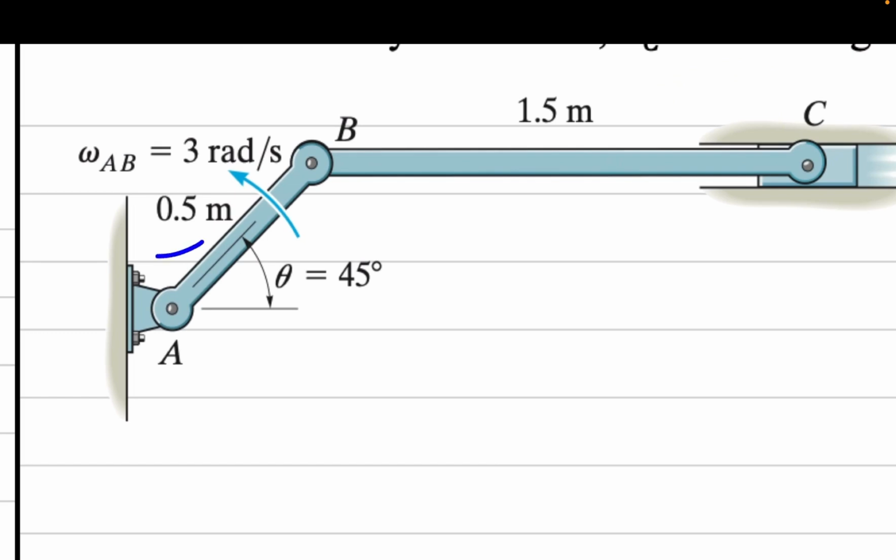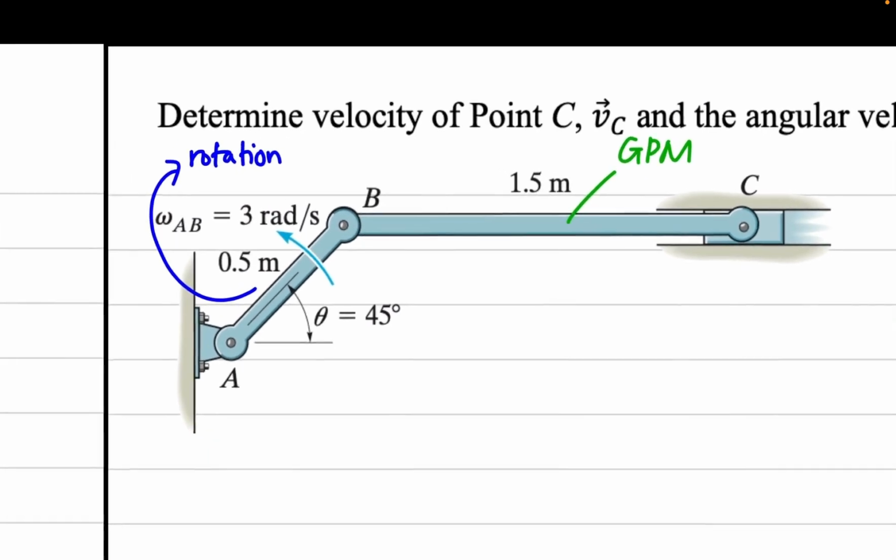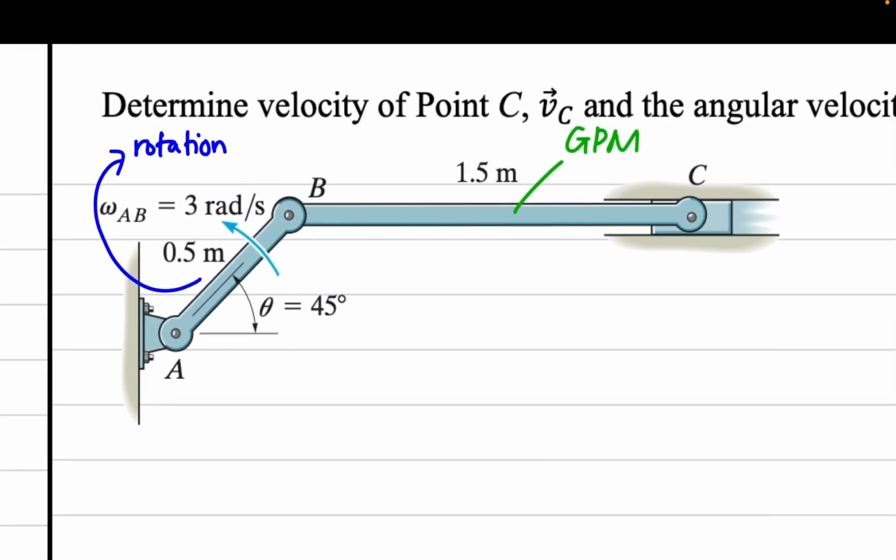We can write here AB is the rotation, and BC is basically the general plane motion part. So AB is rotation and BC is the general plane motion.